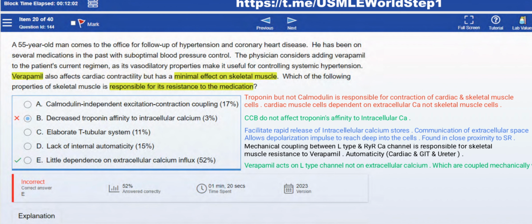Okay, why not option B? Calcium channel blockers do not affect troponin's affinity to intracellular calcium. Why not option C? The elaborate T tubular system would facilitate rapid release of intracellular calcium stores.